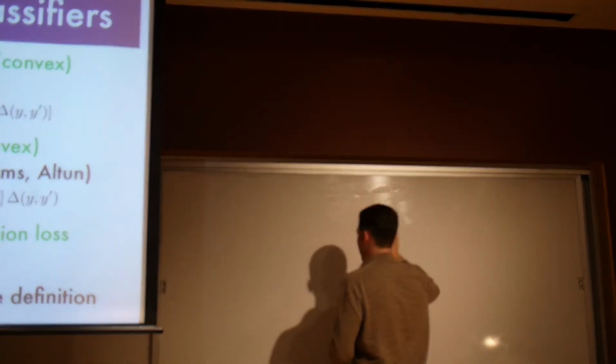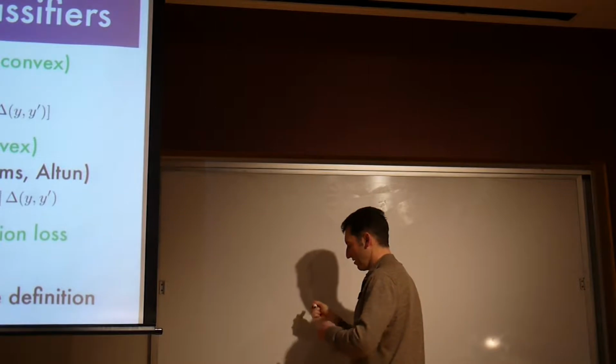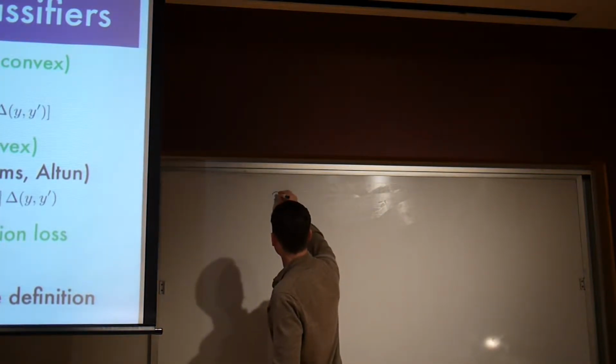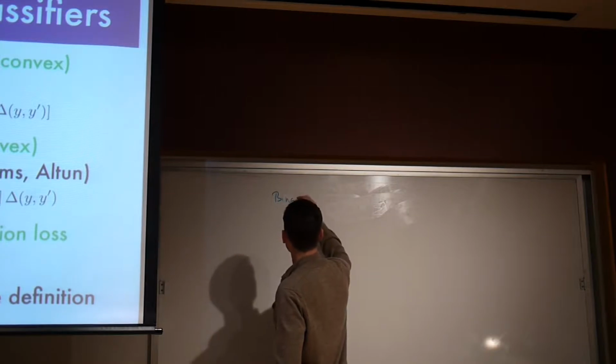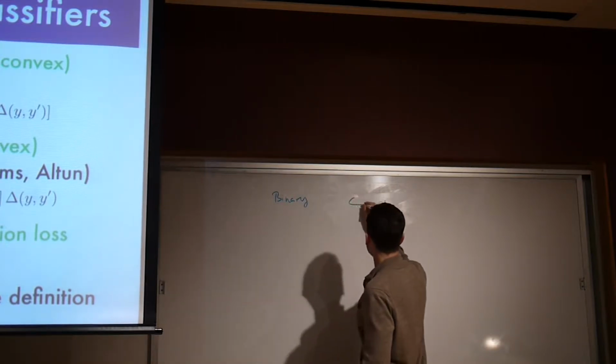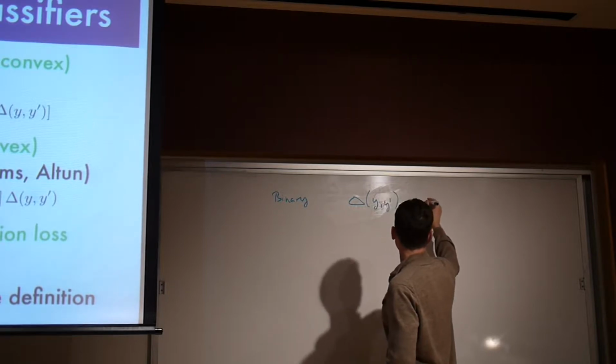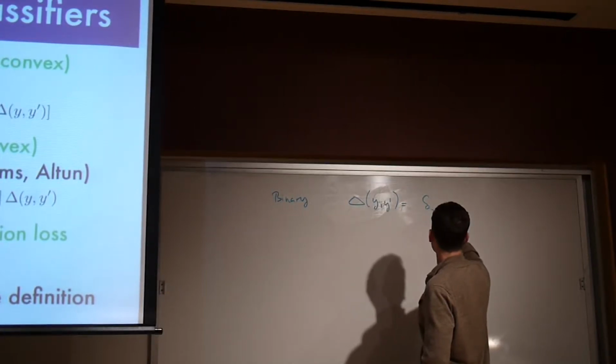But it could be anything else if you wanted to. So let's derive the binary case here. Delta of y and y prime is just delta y, y prime.